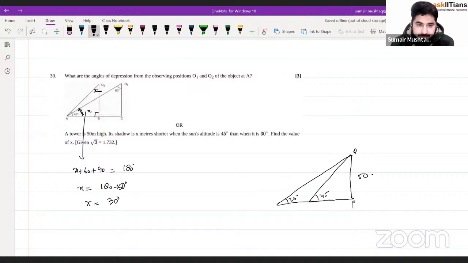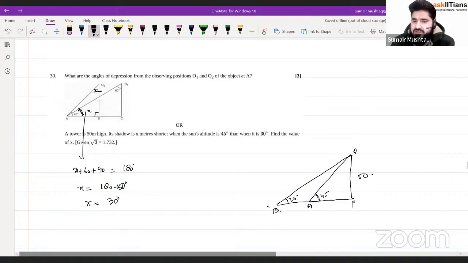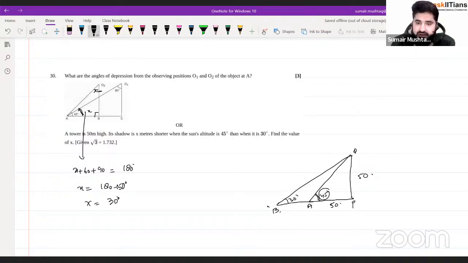What's the question saying? The tower is 50-meter high. This is PQ. Let us suppose this is point A and this is point B, right? Now this is the very important thing for you people to know. If this is 45, the perpendicular and base are always equal. So this is also 50. Note it. You have to find the value of x.